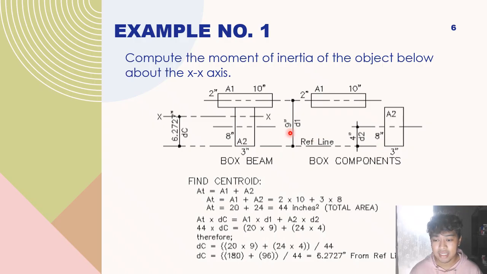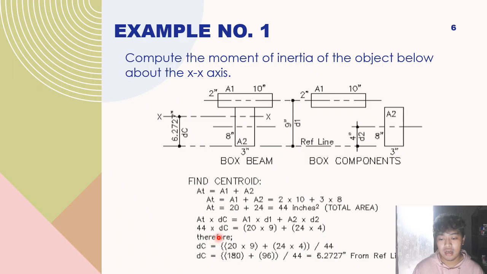So 1 inch and 8 inches is a total of 9 inches. So we have 20 times 9 plus the second area, 24 square inches, times d2, which is the distance of the centroid of the second shape. In this case, we have 8 inches divided by 2, since it is located at the centroid of the rectangle, so we have 4 inches.